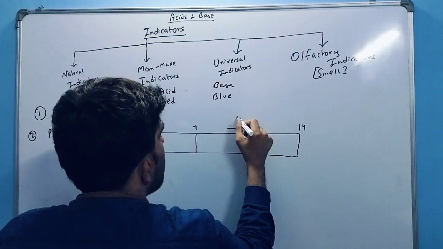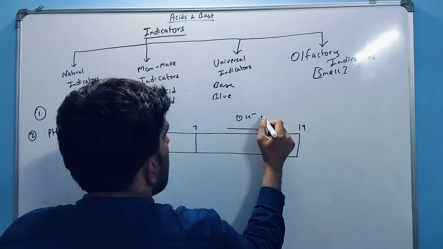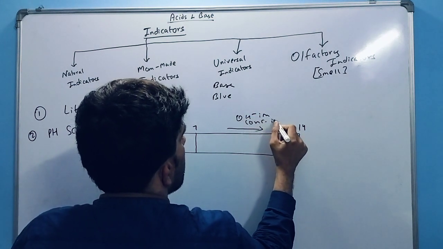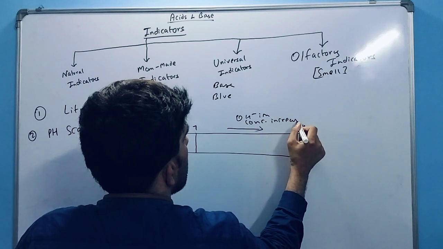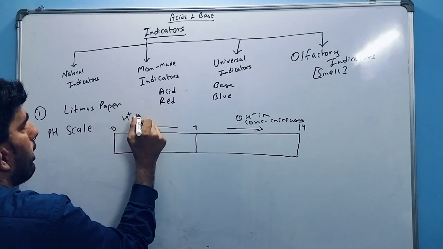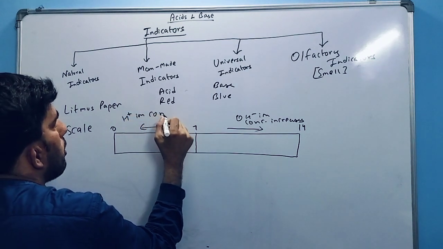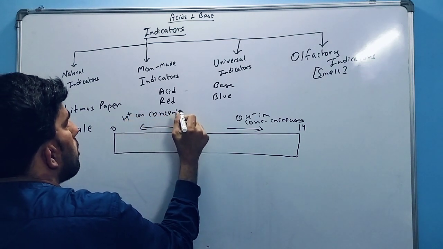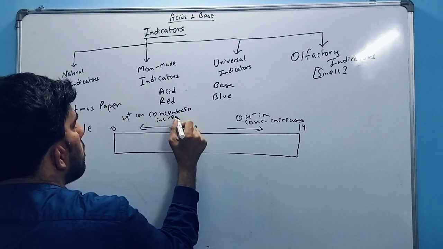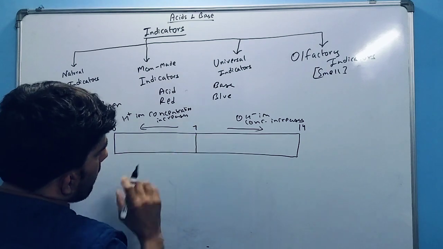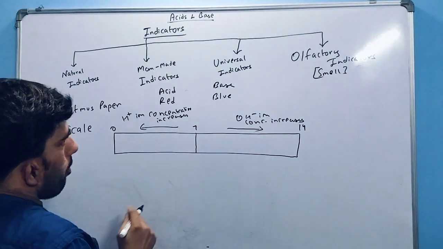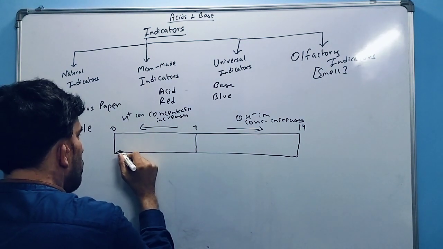Here the OH ion concentration increases, and here the H plus ion concentration increases. Here 7 is the neutral.